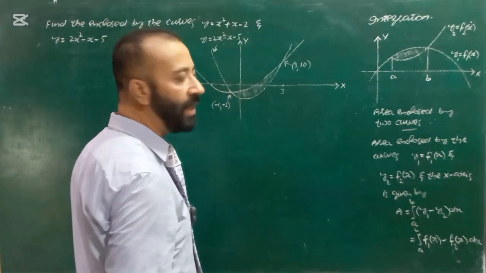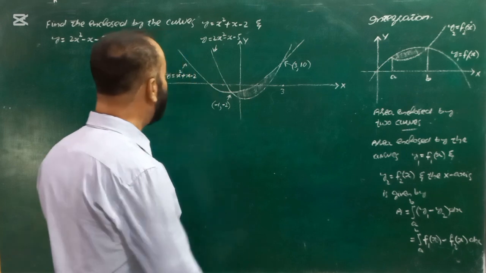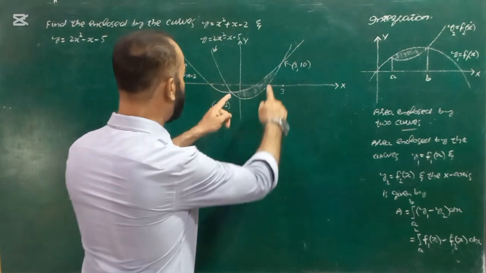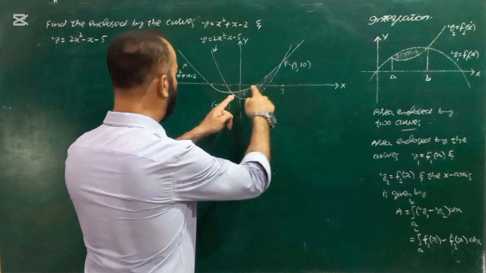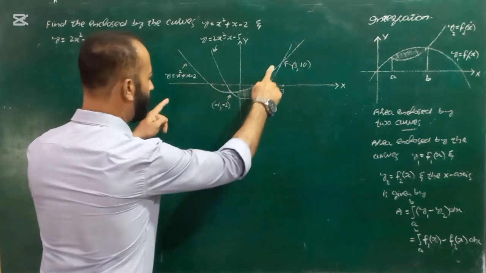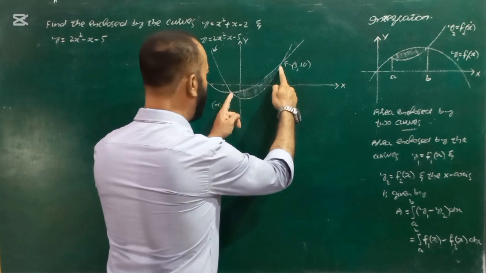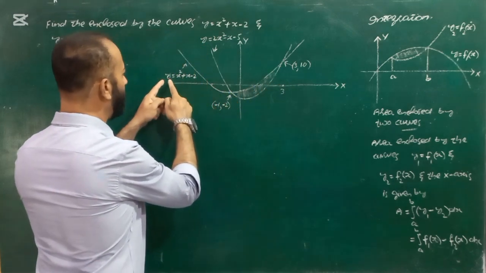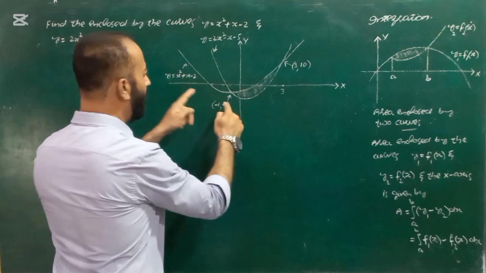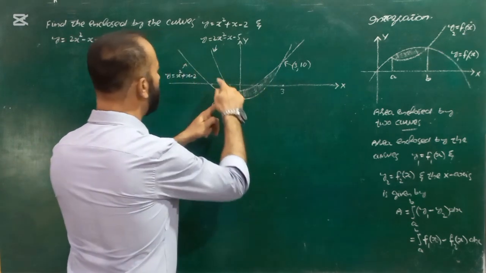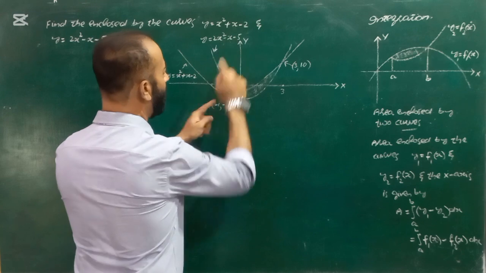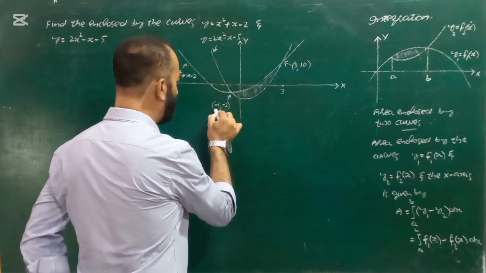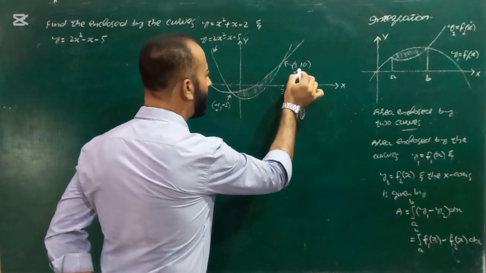And here is a question that will make your concepts more clear. So look now, here are two curves intersecting each other. In this area, the curve which is above is this one, that is y is equal to x square plus x minus 2, and the curve which is below is this one, 2x square minus x minus 5, and their limit is from minus 1 to plus 3.